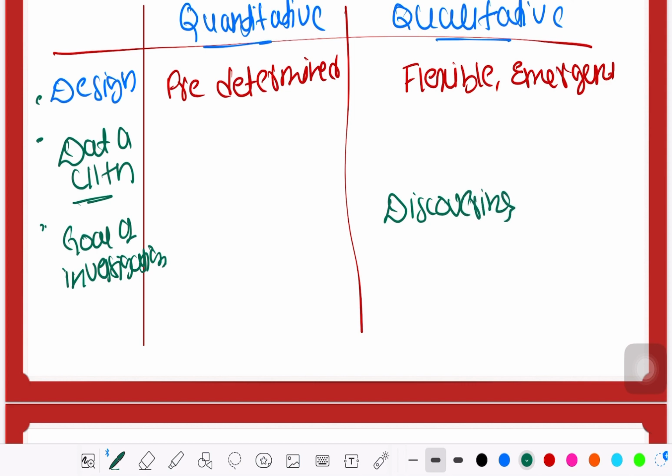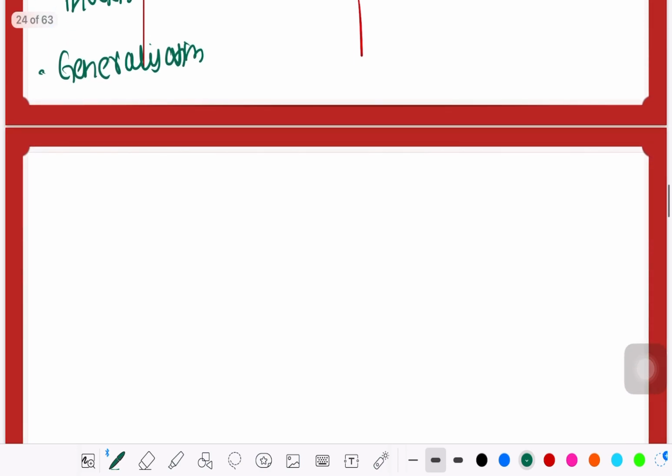Design, data collection, goal of investigation, and next is generalization, where the quantitative methods say that generalization is the aim, whereas the qualitative methods say that no, we can't achieve generalization.